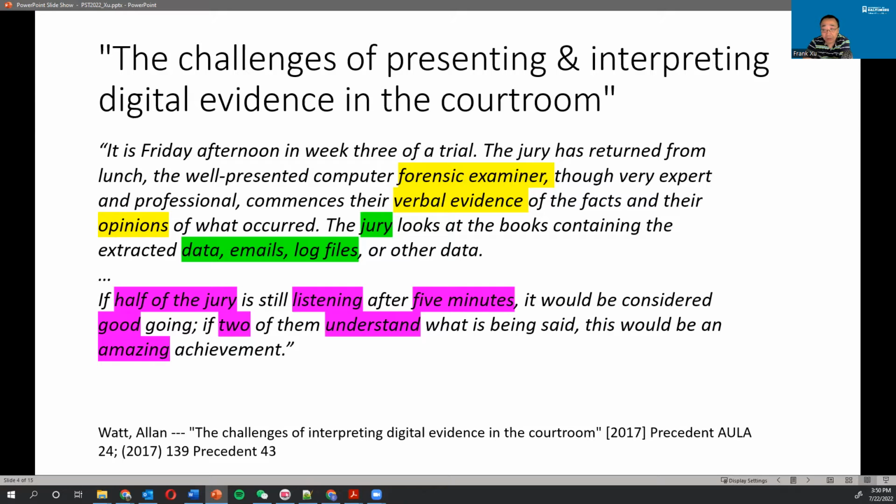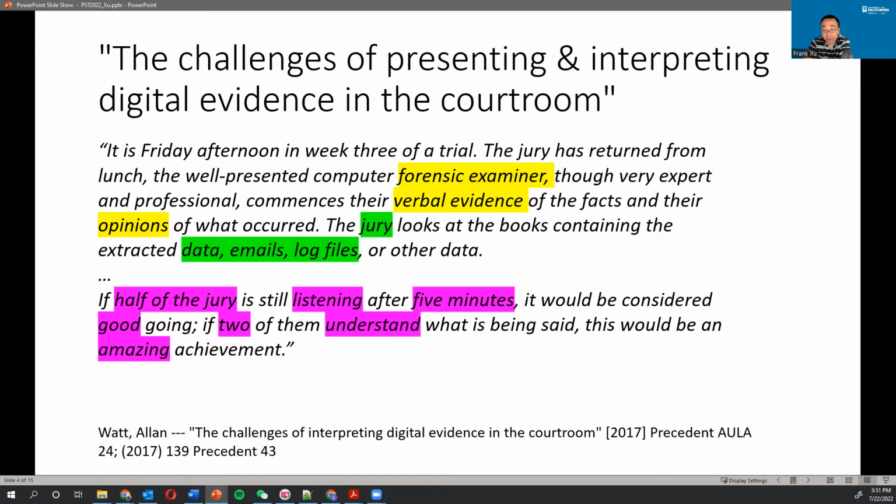Imagine a Friday afternoon in week 3 of a trial. The jury has returned from lunch, and we are presented with computer forensic examiners giving very expert and professional comments, their verbal evidence of the facts and their opinions of what occurred.